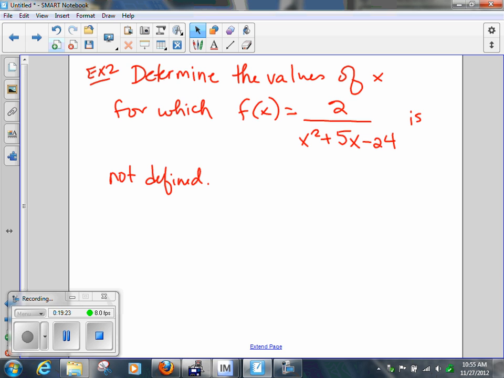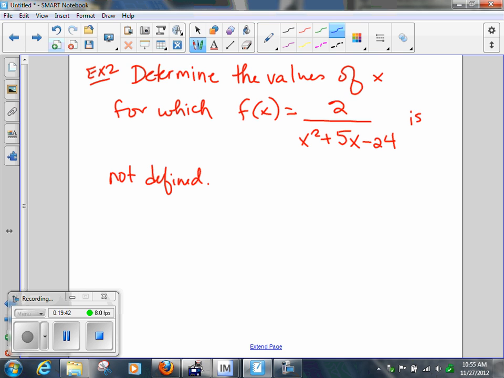What helps us determine whether these functions are defined or not? Say it again. The denominator equal to 0. We've got to make sure that we figure that out.